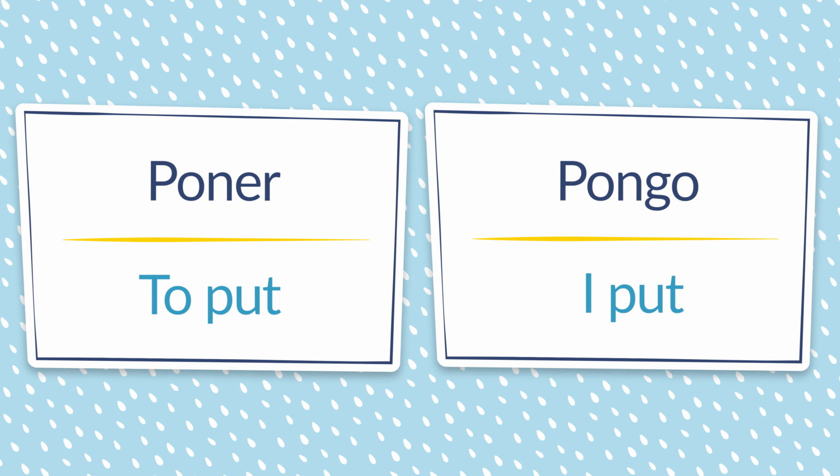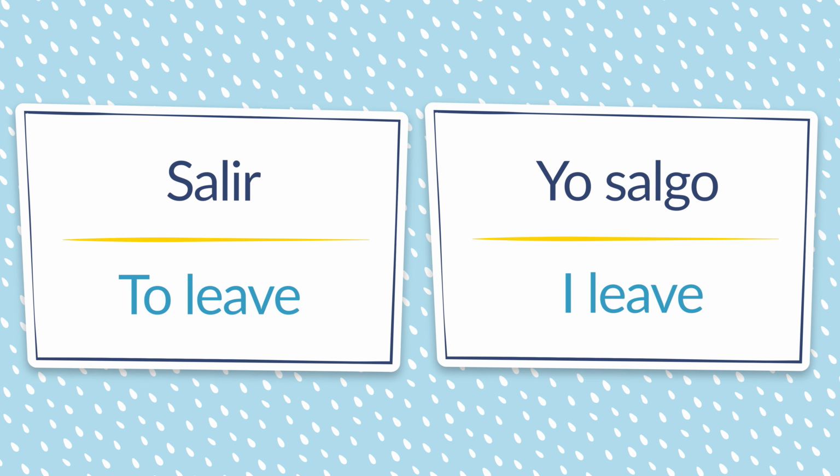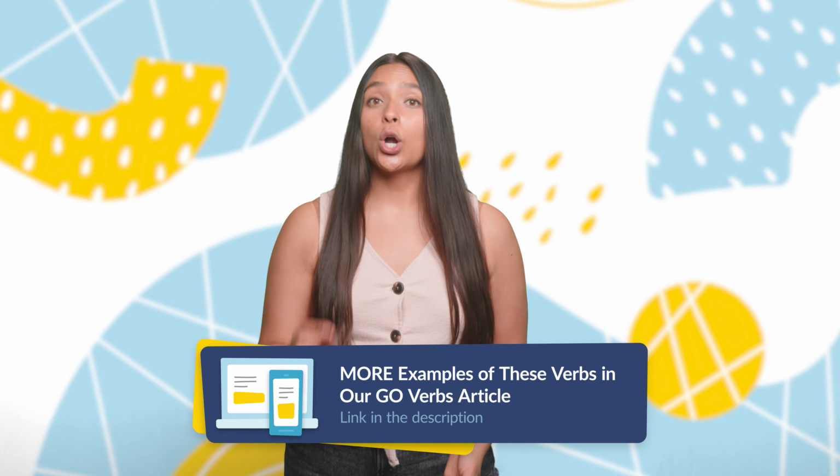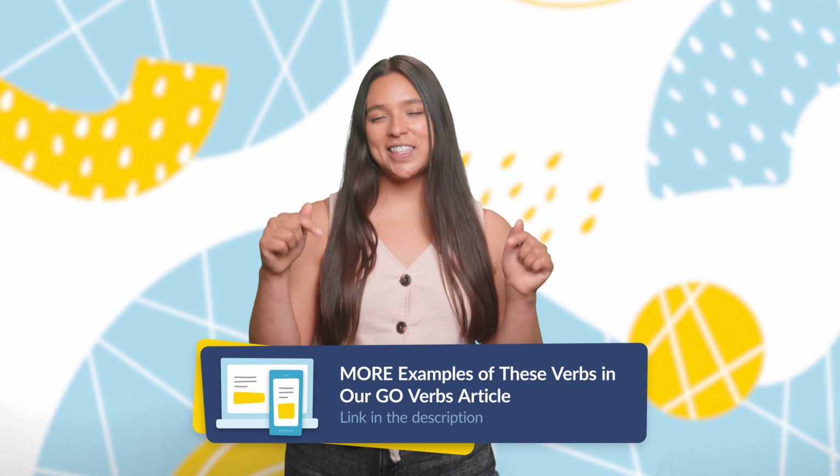Now let's use the verb poner, to put, as our example. When conjugated in the first person, yo, poner becomes pongo. Another example is salir, to leave, becomes yo salgo, I leave. As you can see, in the first person, we add a G before the usual suffix o. You can find more examples of these verbs in our go verb article in the description below.